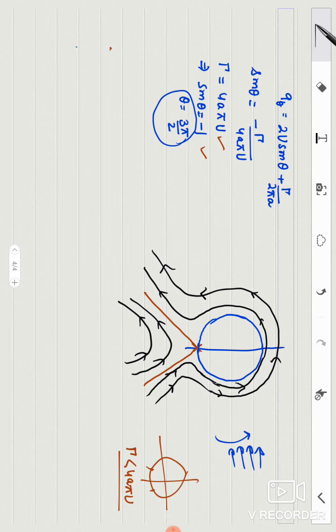Now we come to the third situation. What is the third situation? In one situation gamma was less than, in the second situation gamma is equal to. Now it may happen that gamma keeps on increasing and now it happens that gamma comes to be greater than 4 pi au.